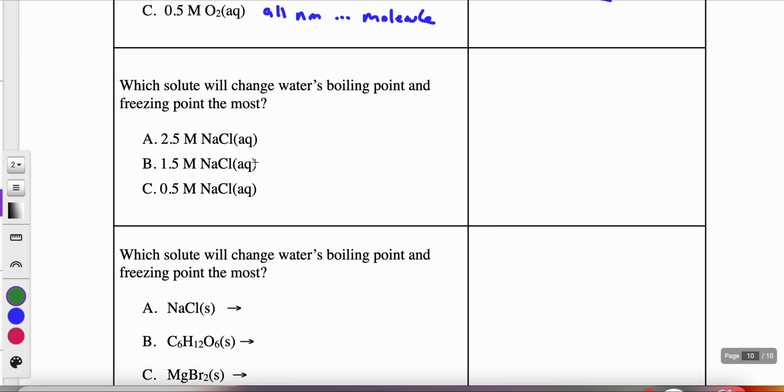Okay, so when we take a look here, they're all solutions because they're aqueous, and notice they all have the same solute, but they have different concentrations.